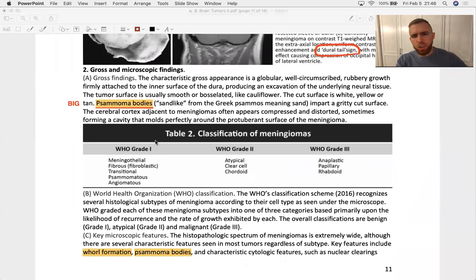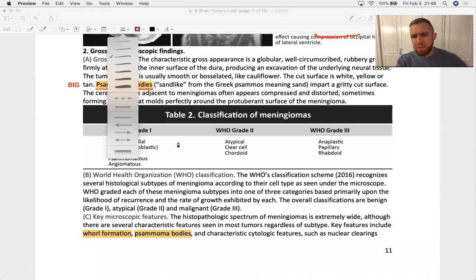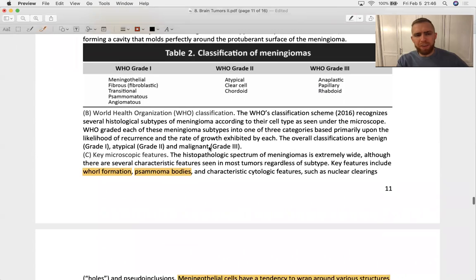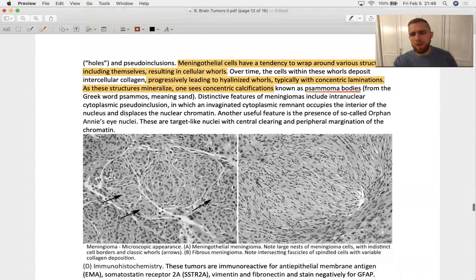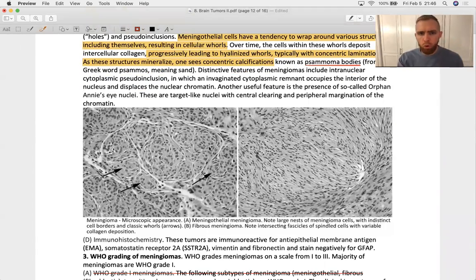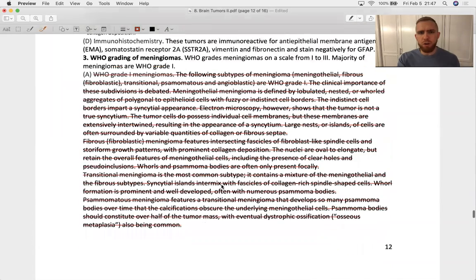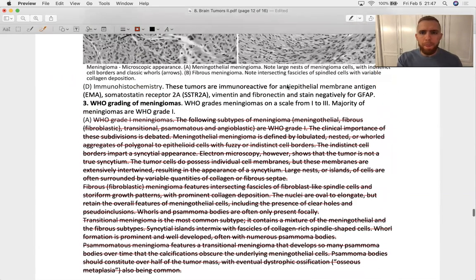So that's your meningioma. You really don't need to know these classifications. I don't want you to go spend hours on top of hours learning the classifications of these meningiomas. Be able to recognize one when you see the whorls that look like thumbprints and the psammoma bodies. They tend to be spindled. They tend to have that kind of a connective tissue appearance to them because, again, they do arise out of the dura. They will stain for vimentin and fibronectin, which are kind of connective tissue proteins there.